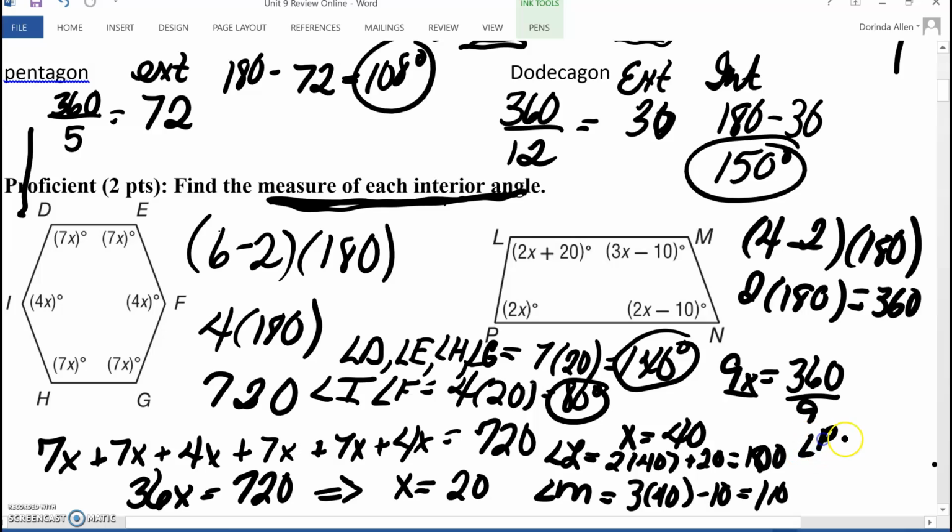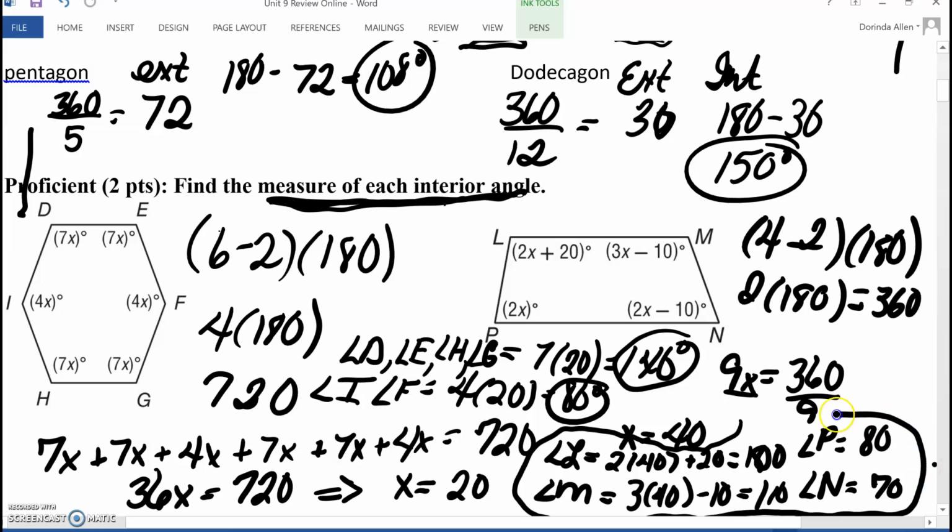Angle P equals 2 times 40, which is 80. And angle N equals 2 times 40, which is 80, minus 10, so 70. So there's our angles.